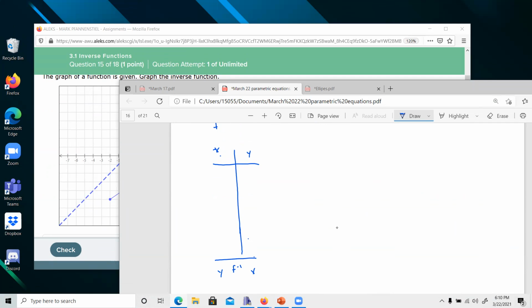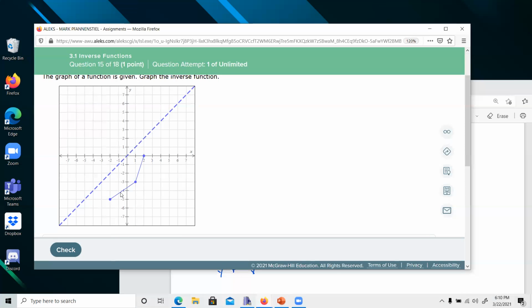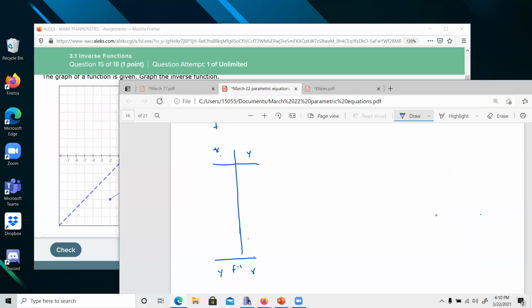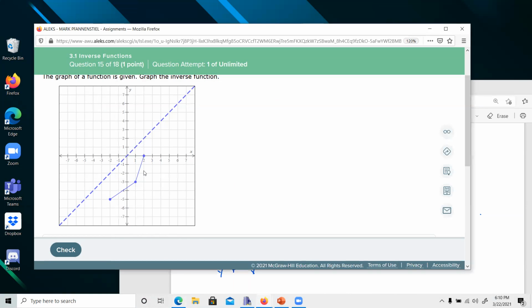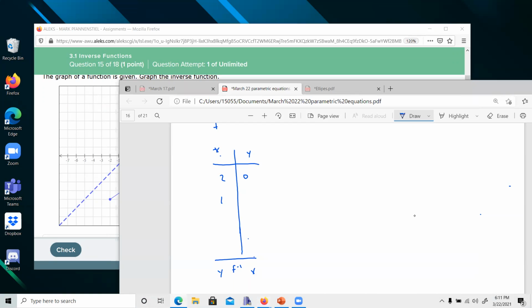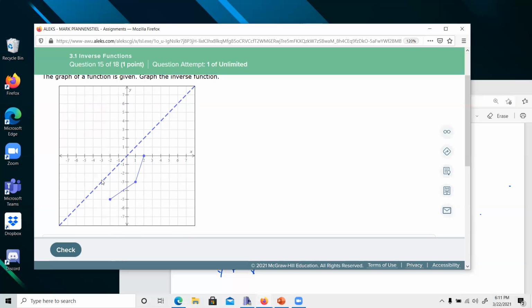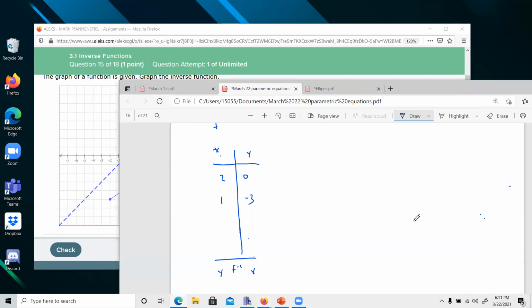They just swap positions. So if I make a little list of my points for f, we have 2, 0, we have 1, negative 3, and then we have negative 2, negative 5.